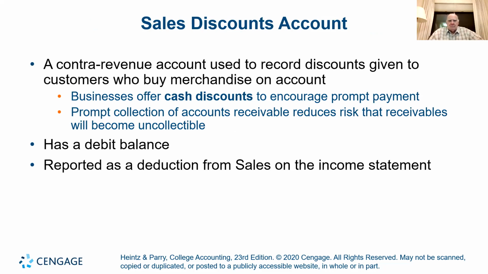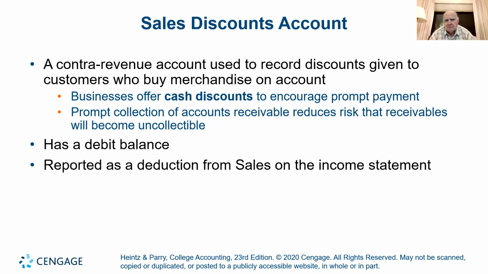Okay, we did sales returns and allowances. Now we're talking about what's called a sales discount, also called a cash discount. This is not you walking into Target and you're ready to buy a big container of Tide detergent and you see a sign next to it, $3 discount or 20% discount. That is not what we're talking about.